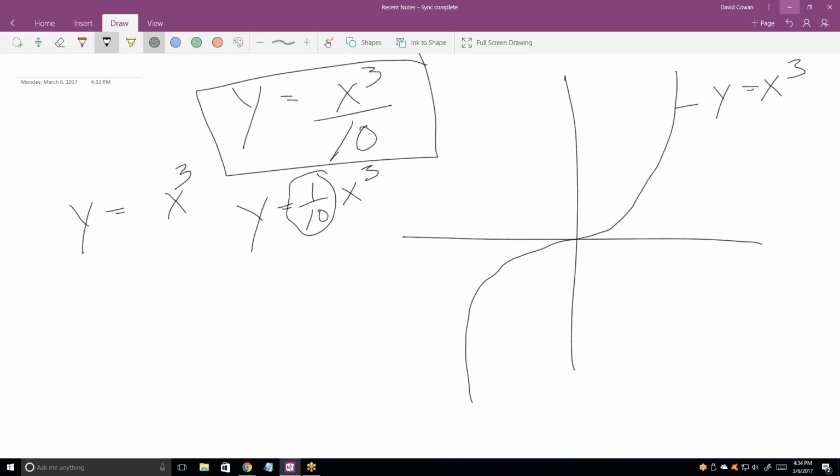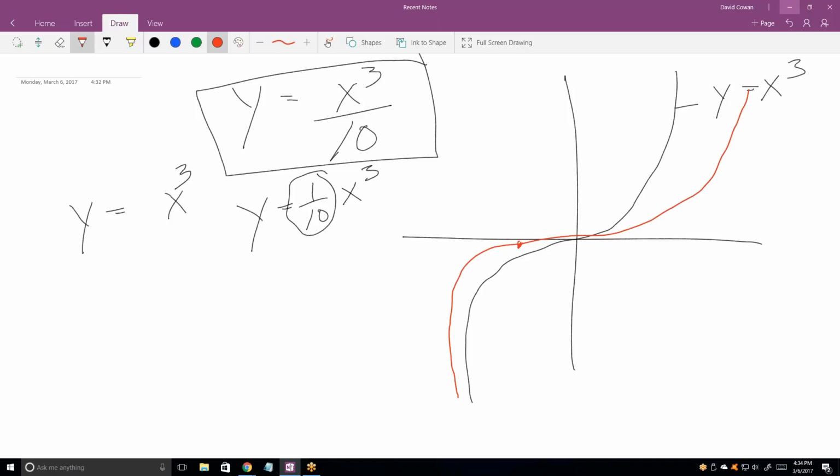It's not a stretch, it's a shrink. Every point that's currently on my gray curve would be 10 times closer. So it's going to look something like that. In other words, a lot flatter.